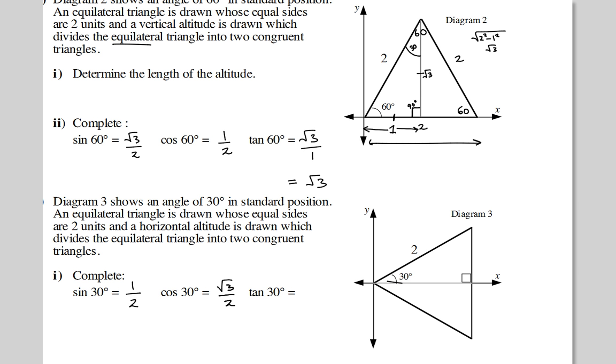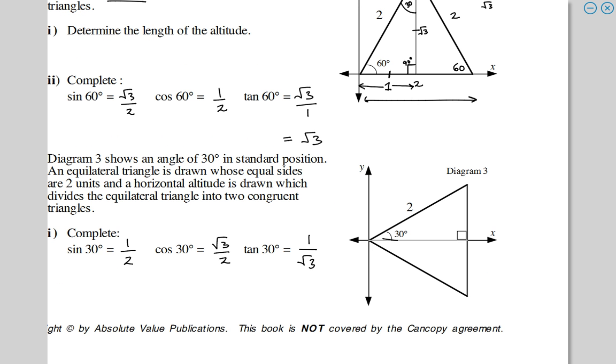And then for tan 30, y over x, so it's going to be 1 over root 3. Pardon me, not y over x, because this triangle is not in the bow tie when we do it this way. So just use your standard rules. From 30, tangent would be opposite over adjacent. So opposite is 1, 1 over root 3. Okay, and then that one we'd have to rationalize. Do you agree?